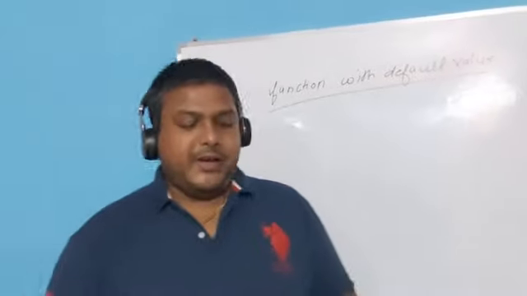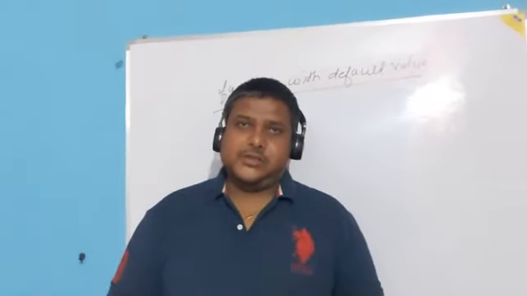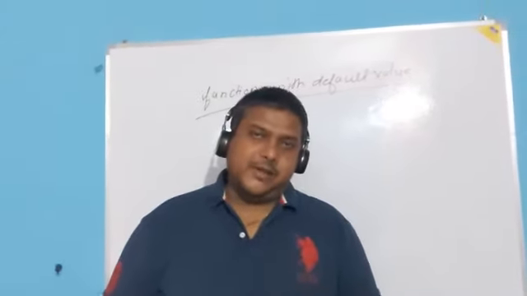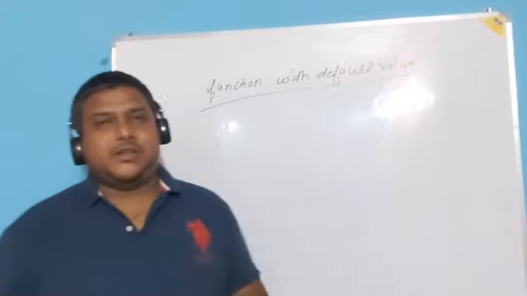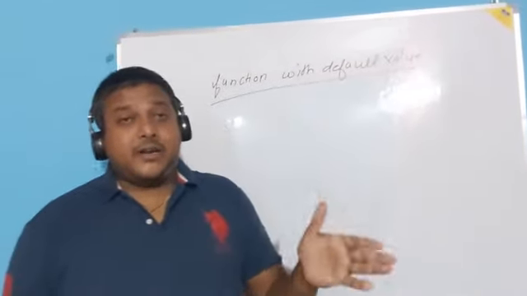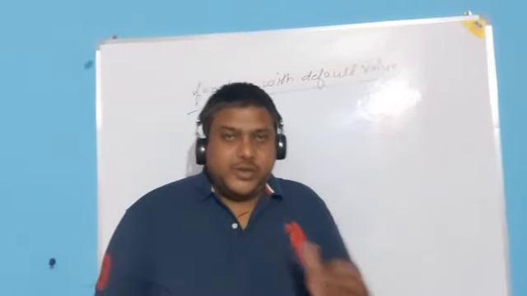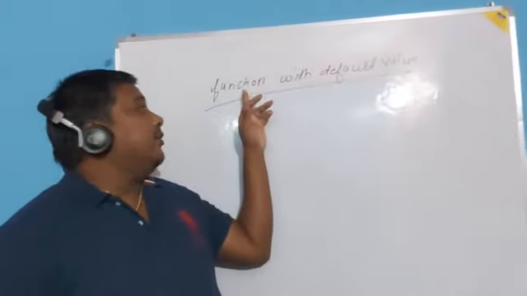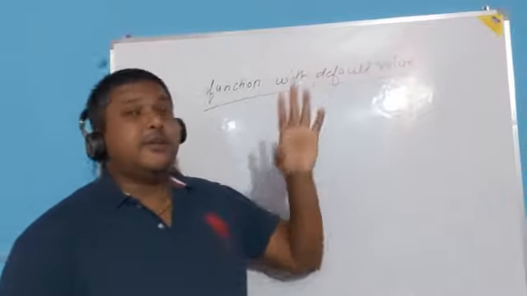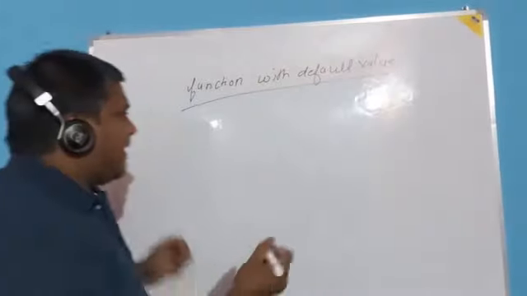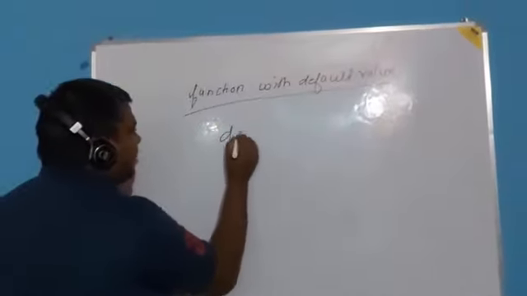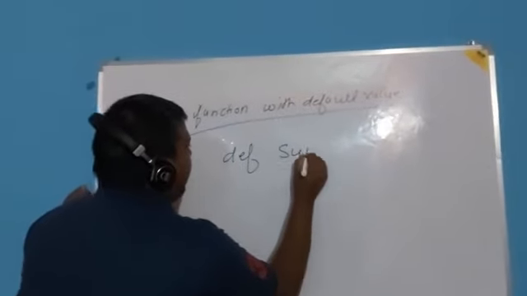Sometimes we make parameterized functions and pass the value, but in some case we want the function to work with the parameter also and without the parameter also. In that case we need to define the function with the default value. Look here, I will show you one example of why default values are required.